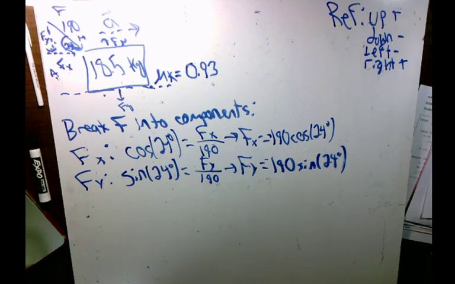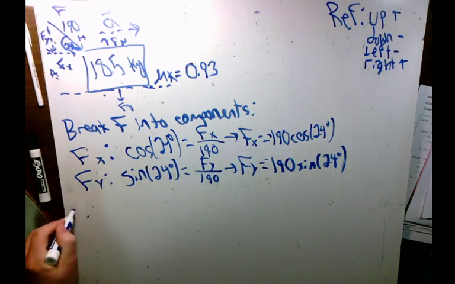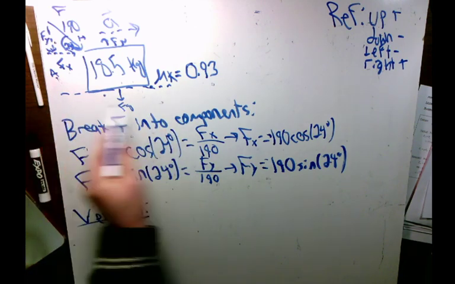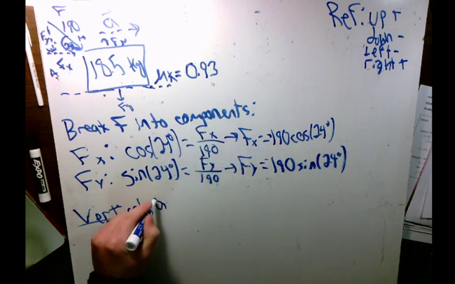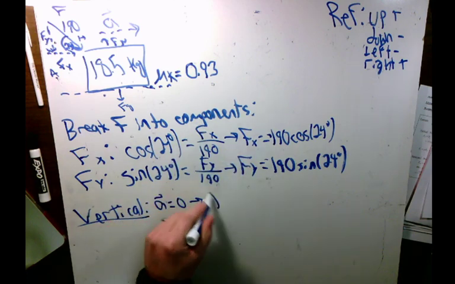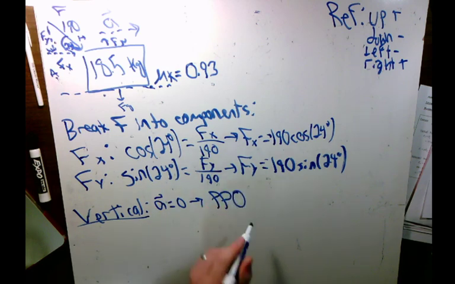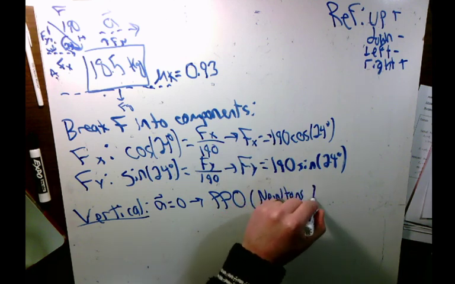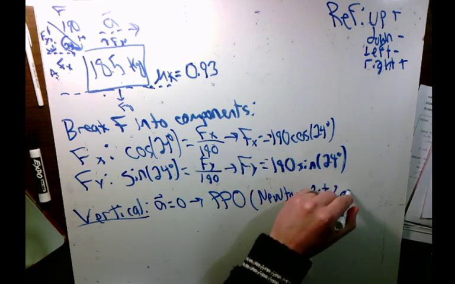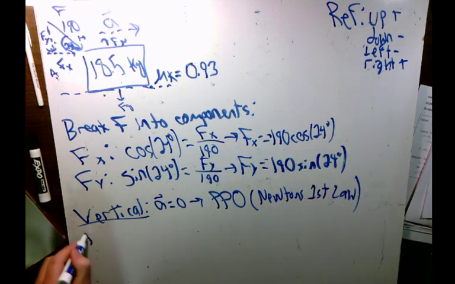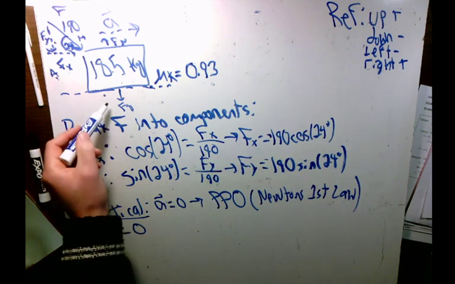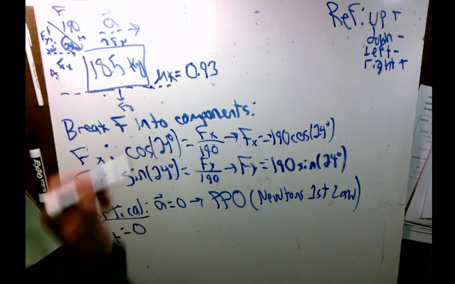Now I can do my vertical and horizontal analysis. So in the vertical, since it's sitting on a surface, we know that acceleration equals 0, so we're going to use our Newton's first law, our principle of physics. So F net, since acceleration is 0, needs to equal 0, where the net force has two forces acting down, one force acting up.